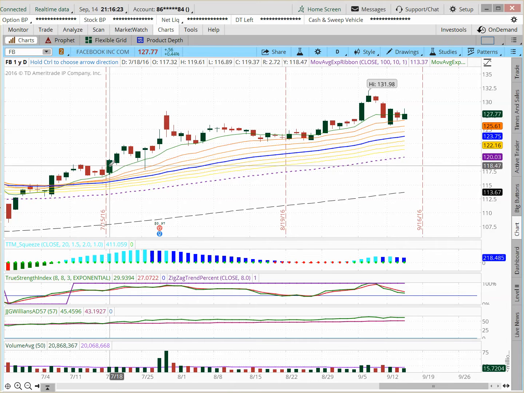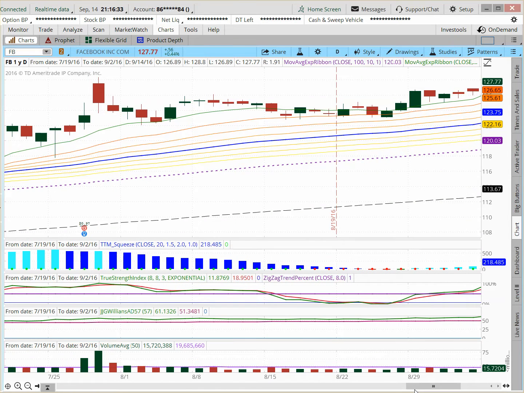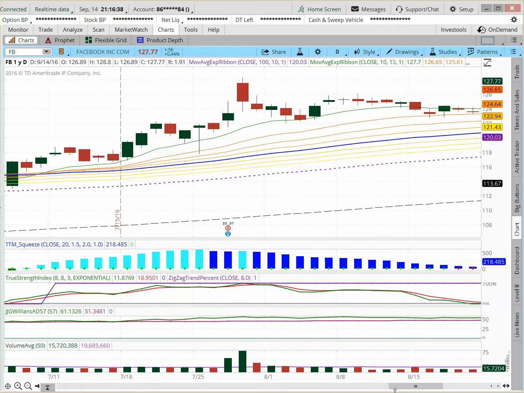And then you'll see on this particular bar a couple of little tails. Let's zoom in a little bit and go back to that bar. All right, here. You have a little tail below and a little tail above.